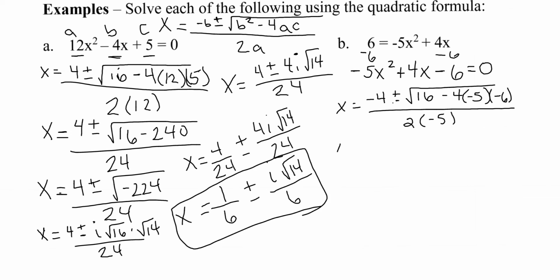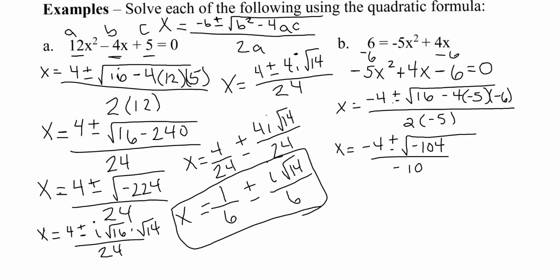So I will have x equals negative 4 plus or minus the square root of, and I'm going to do negative 4 times negative 5 times negative 6 at negative 120. 16 minus 120 is negative 104. And 2 times negative 5 is negative 10.